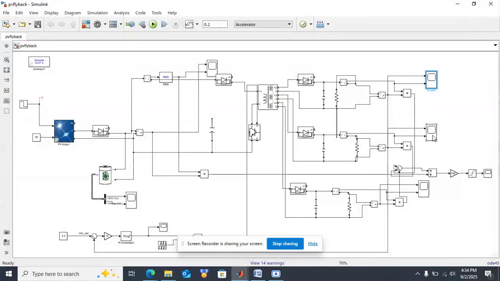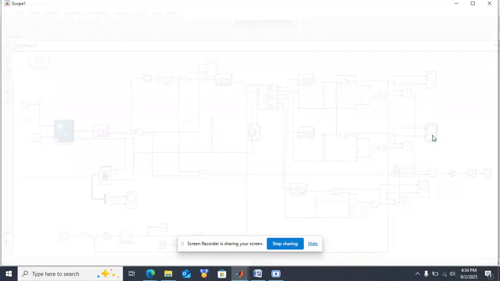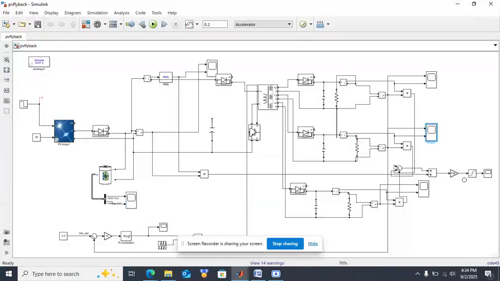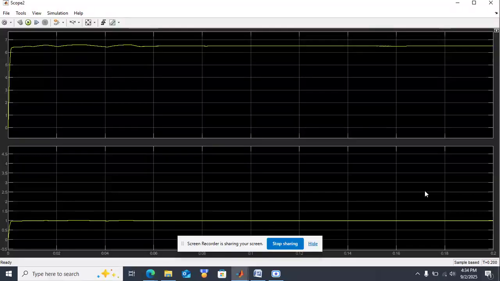And for load 2, 5 volts is the output voltage and 1 amp is the current. And load 3 voltage will be 6.7 volts, and output current is around 1 amp.